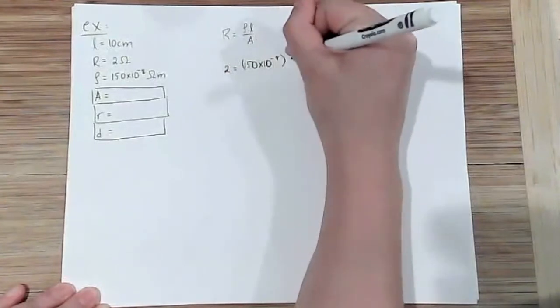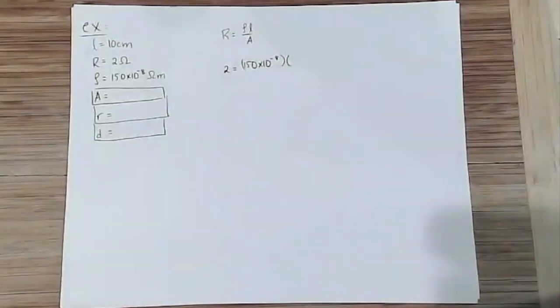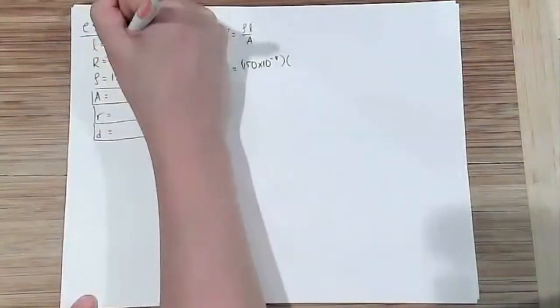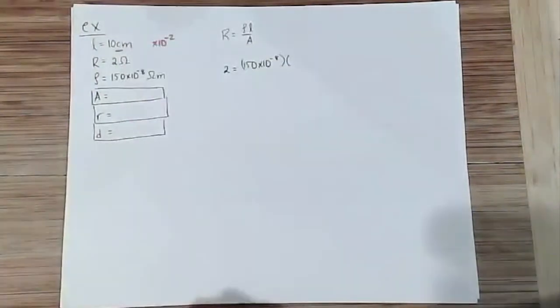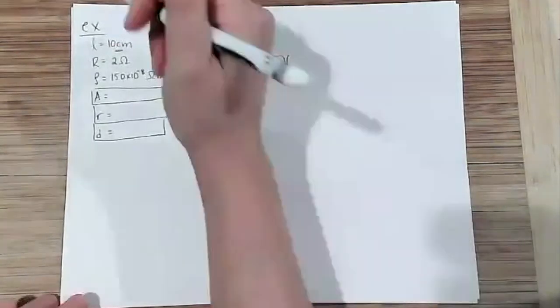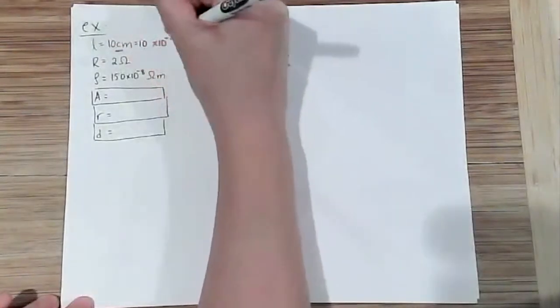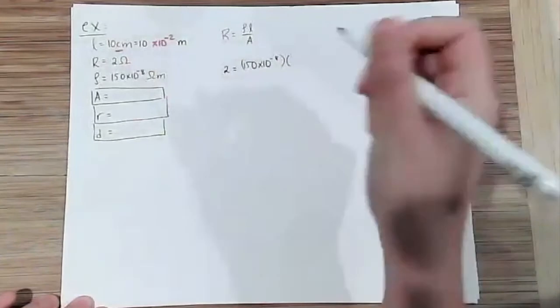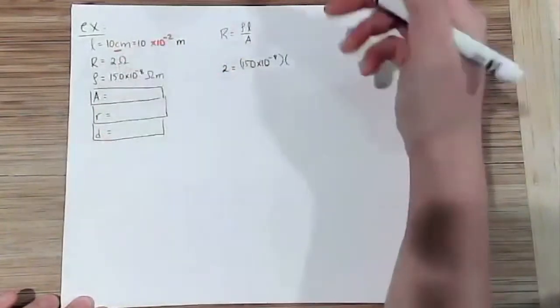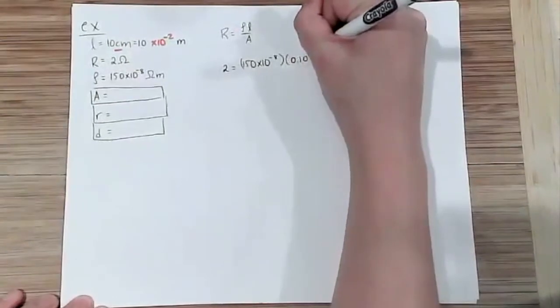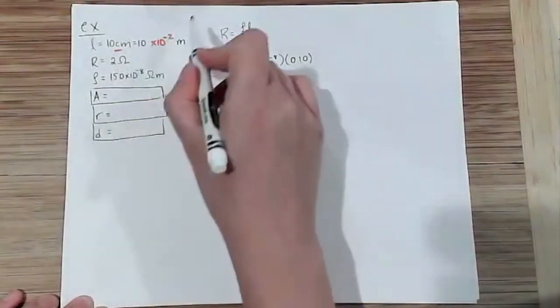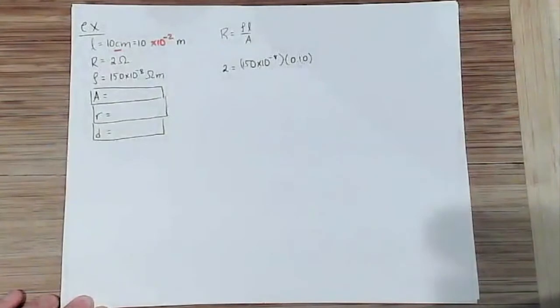I know L is 10 centimeters, so I'm going to replace the centi with times 10 to the negative 2. So this means 10 times 10 to the negative 2 meters. And just for funsies, I'm going to substitute that right in here. So that's 0.1. I evaluated that in my head, but feel free to leave it as 10 times 10 to the negative 2 if you want to do that.